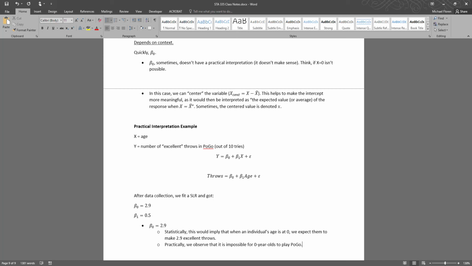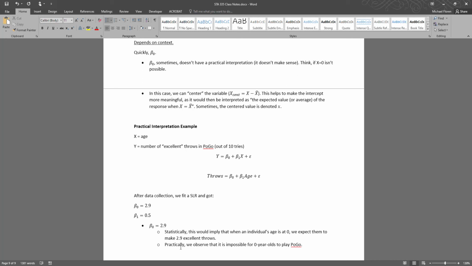If we could interpret, we could discuss how we'd expect, on average, infants to make about 3 excellent throws. One thing to note is that when I'm doing the practical interpretations, I'm not going to stick with decimals. I'm going to start rounding things. Think about describing this to your little brother or to a sibling. I don't want to say they make 2.9 throws. I might say, yeah, for infants, they make about 3 excellent throws.